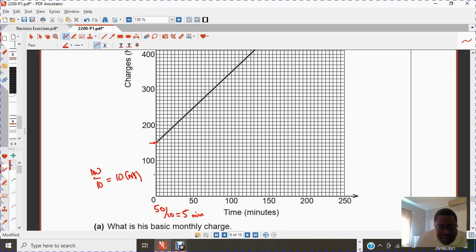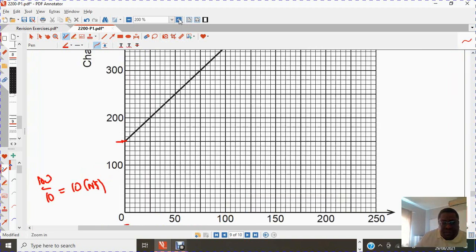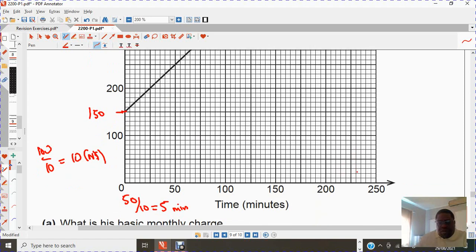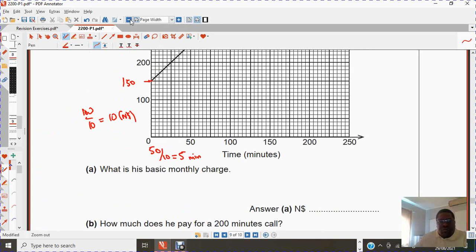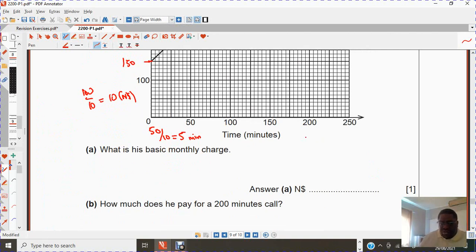Maybe I should make it a bit bigger because it's difficult to see. Right, so that's 100, 10, 20, 30, 40, 50. All right, so this is 150 Namibian dollars. So that's the basic charge without him doing anything. So the basic charge is 150 Namibian dollars.